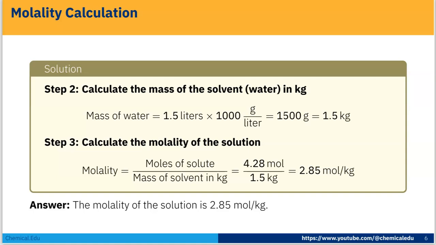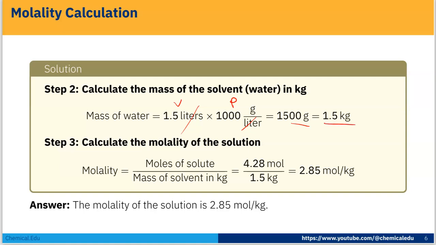Now calculate the mass of solvent in kg. The solvent volume is given, that is 1.5 liter, and density we know is 1000 gram per liter. So now V into rho, if you multiply, liter will be cancelled out, so that is 1500 gram, that is 1.5 kg.